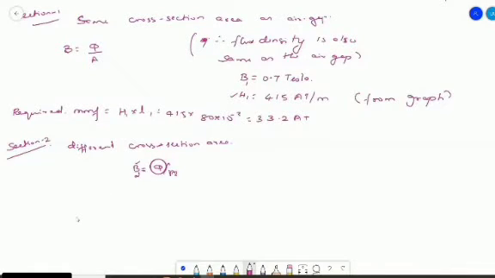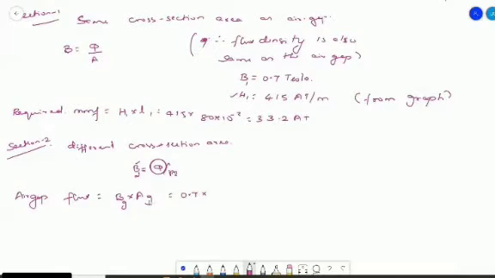And if you look at the air gap, the air gap flux is equal to B, I'll denote it as BG, into AG. So BG is given in the question, it is 0.7 Tesla.